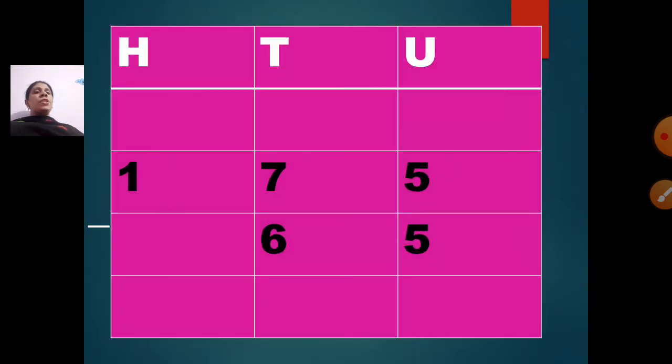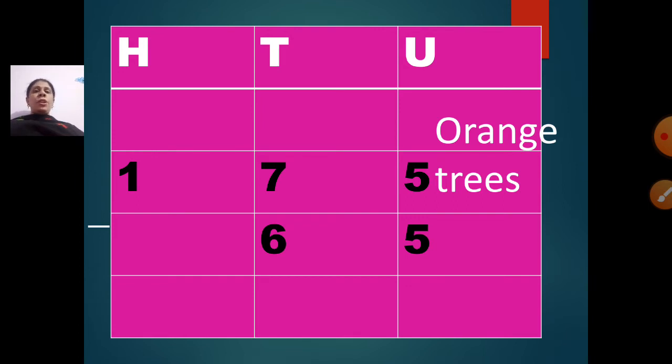We are going to arrange them according to their place value. We will make a hundreds, tens, units column, then write HTU. Then we will arrange the numbers according to their place value. Then beside the number we will write 175 orange trees, and 65 lemon trees.